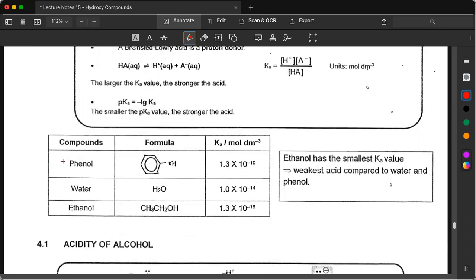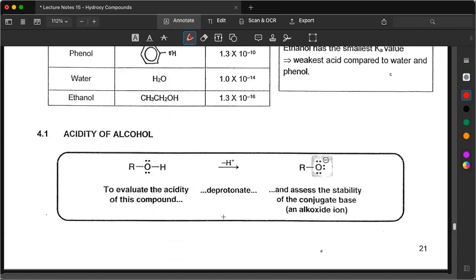Now, if you look at the data here, we can see that ethanol has the lowest Ka value, which means that it is the weakest acid among the three. To evaluate the acidity of this compound, we need to deprotonate it by removing the hydrogen and assess how stable this conjugate base is.